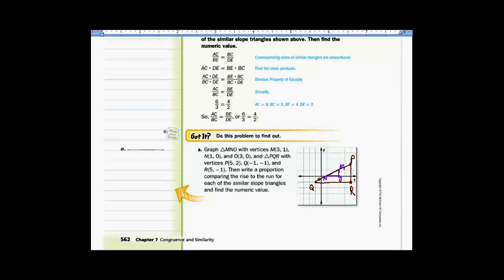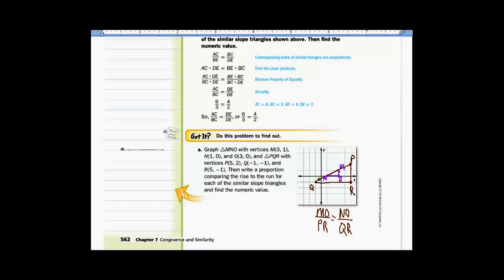Then write a proportion comparing the rise to the run for each of the similar slope triangles. Find the numeric value. So when we write a proportion, we are going to say MO is to PR as NO is to QR.